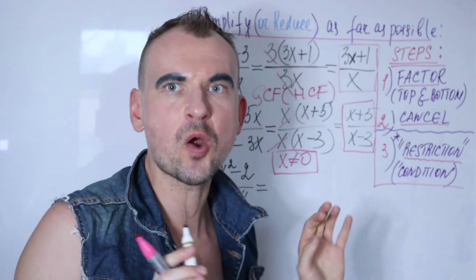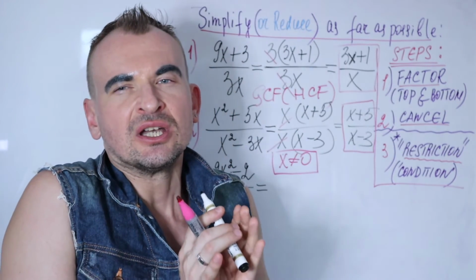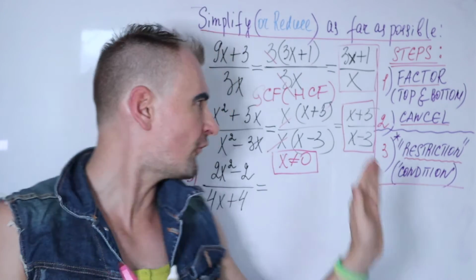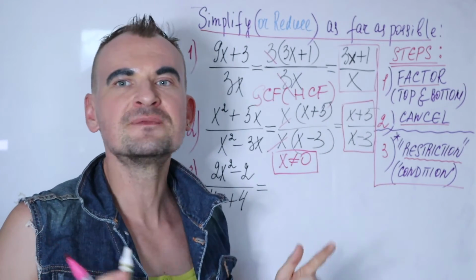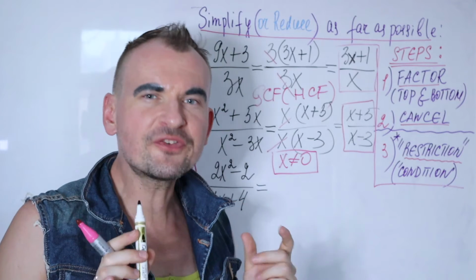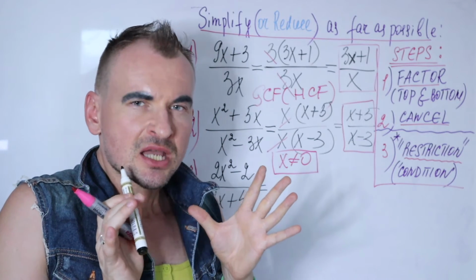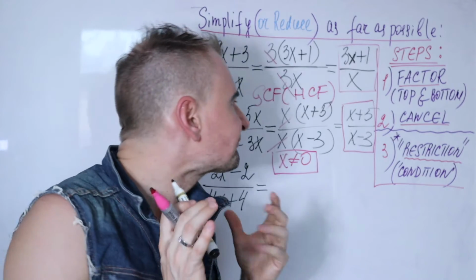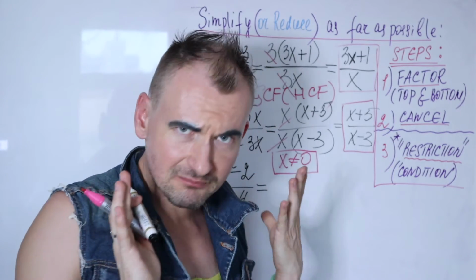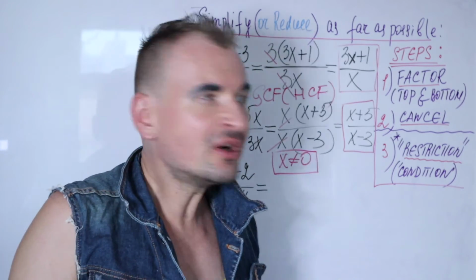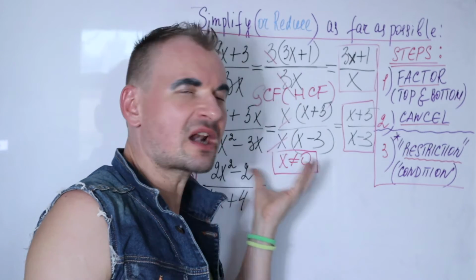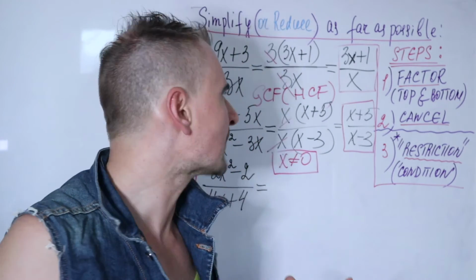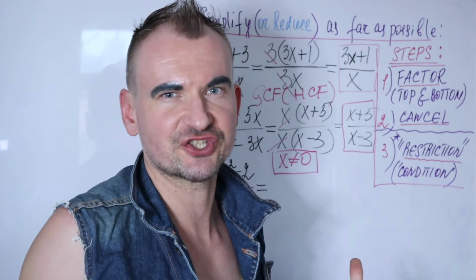So you don't have to attach anything else. That's your final answer. But to be perfectly precise, you should write x is not equal to 0, because it's not obvious.